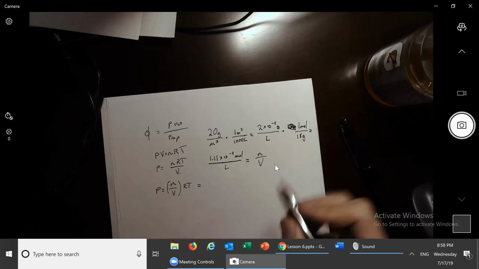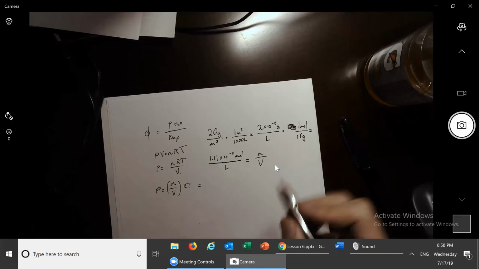So it equals 1.11 times 10 to the minus 3, and I'm omitting units for clarity, times 0.08206 times, we're given 33 degrees Celsius, and then plus 273. Let me figure out what that is. 33 plus 273 equals 306 Kelvin.